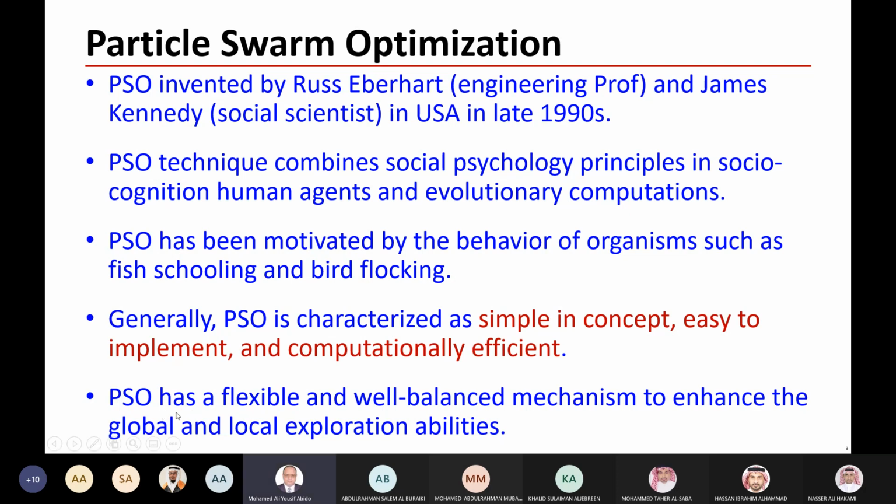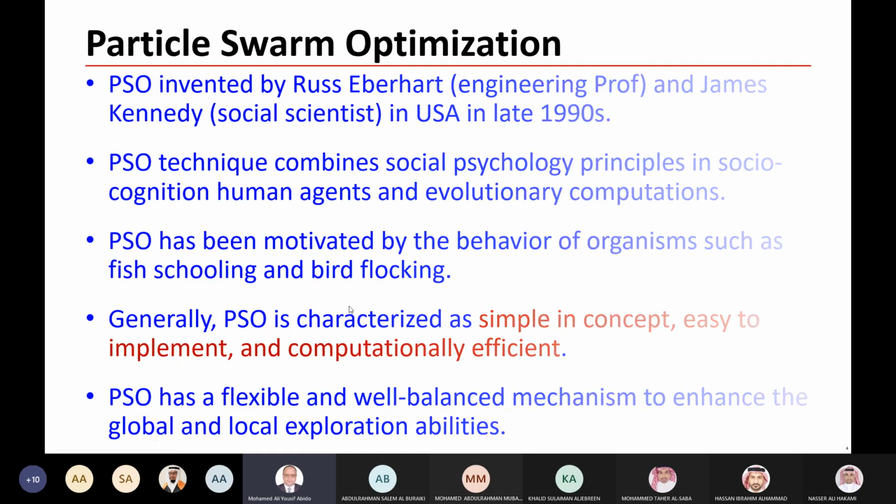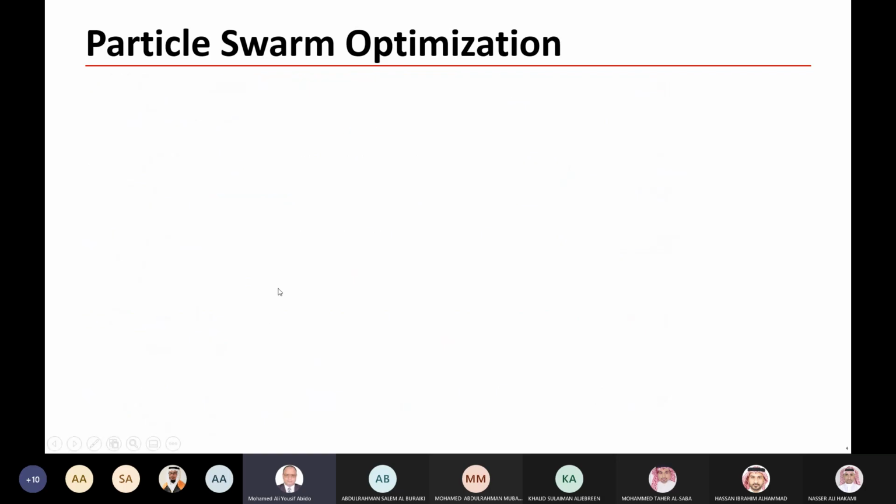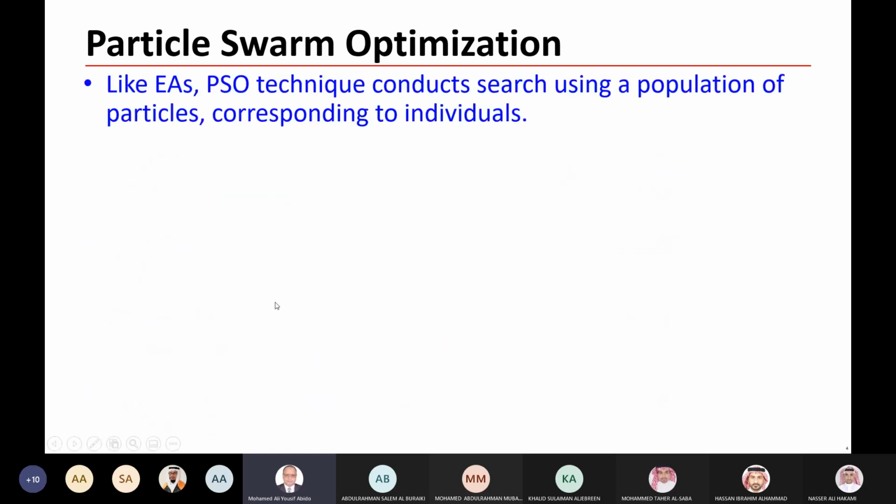You can have it in few iterations, and you can end up with better quality solutions. PSO has a flexible, well-balanced mechanism to enhance global and local exploration. We will see this in detail later on when we see the steps of the technique.